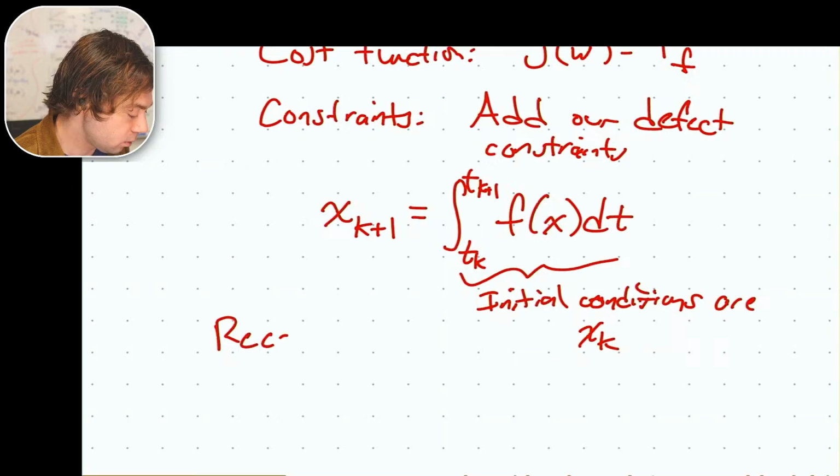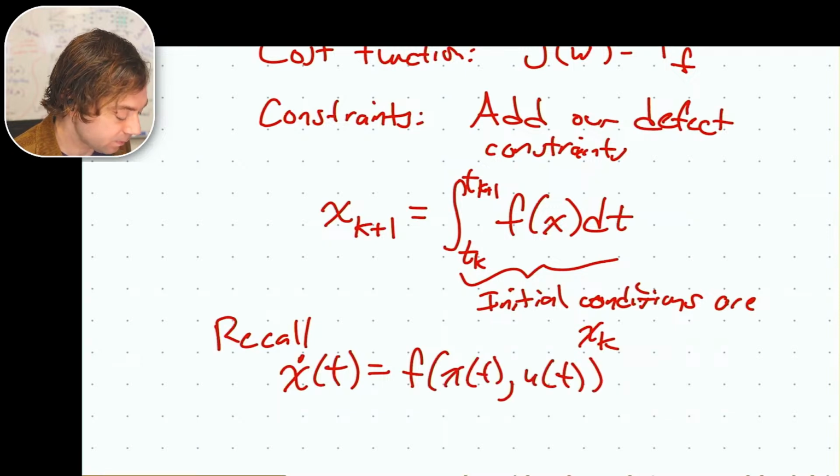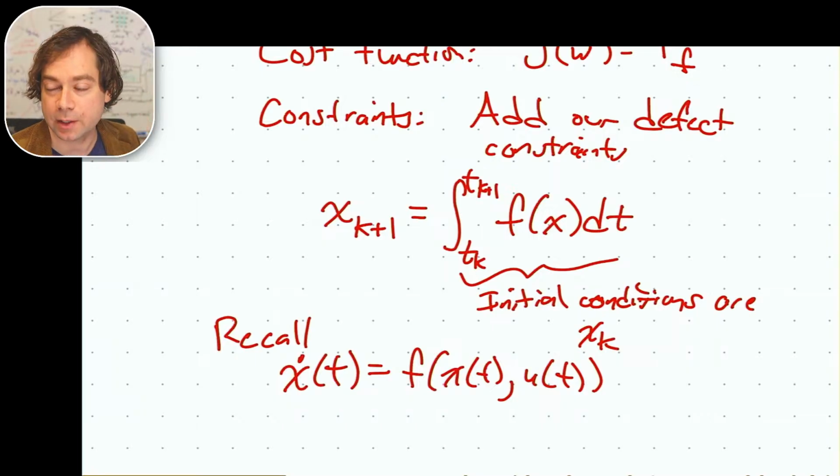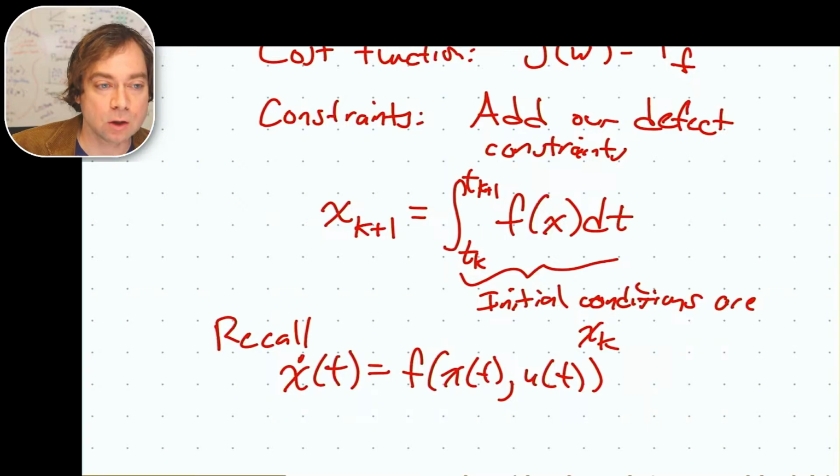Recall that x dot of t is equal to f of x of t, u of t. So that means we're going to have to simulate those dynamics, right? We're going to need a bunch of these added constraints that are going to pop into our problem. And all the other constraints are going to be the same.